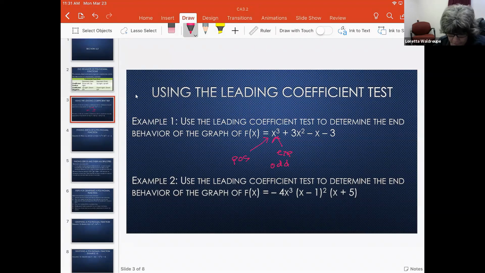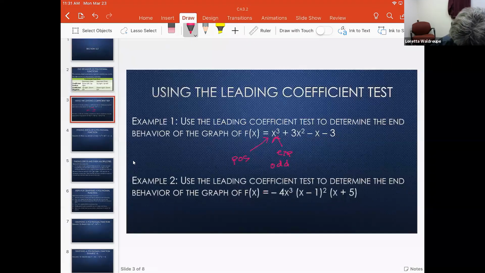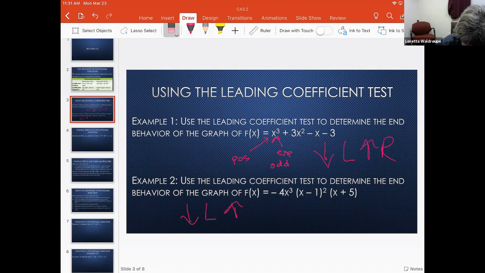So if you go back to the table, positive and odd, what does that say it's going to do? Down on the left, up on the right. Questions?